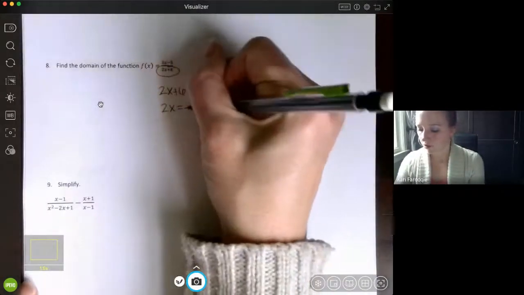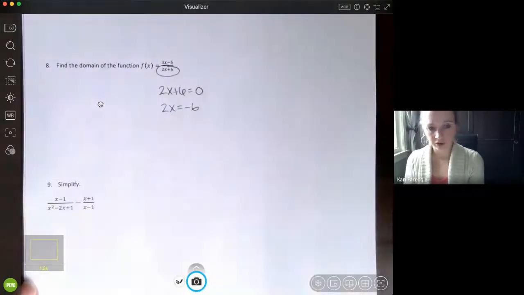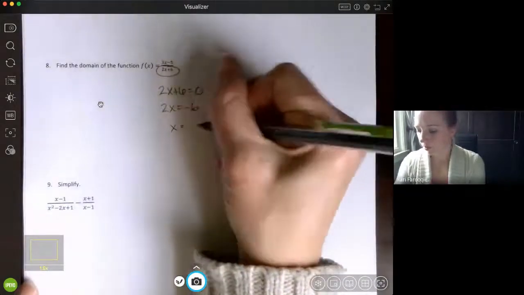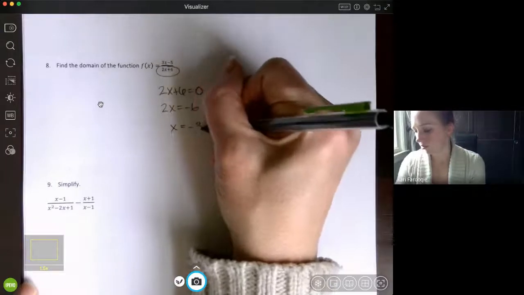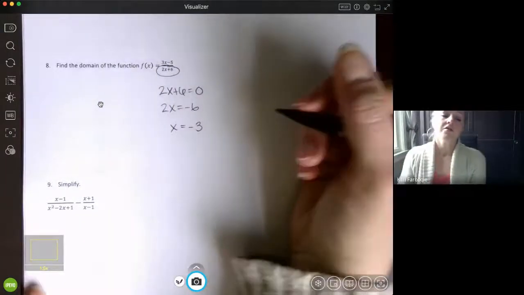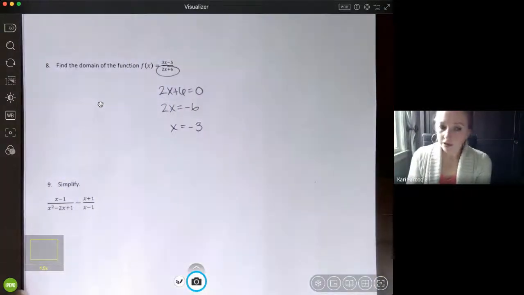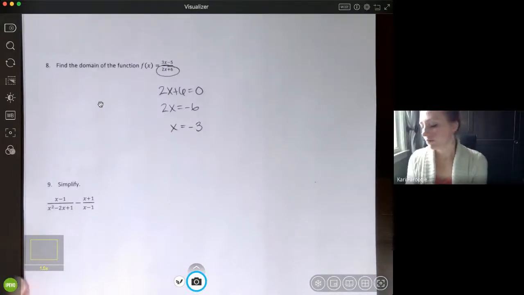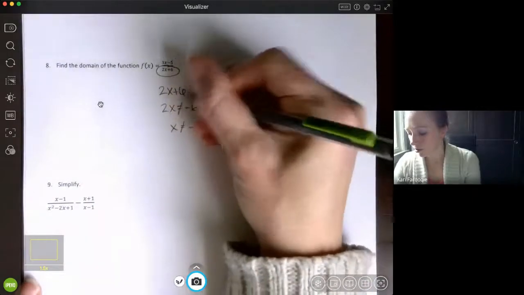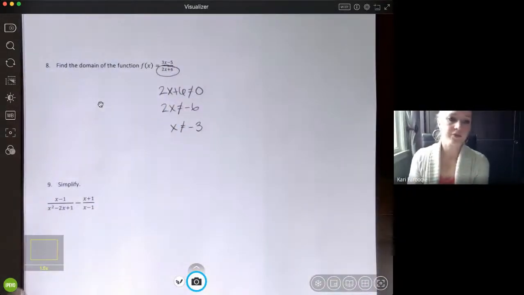Do this however you would like. If you want to factor it, you can do it that way also. And then -6 divided by 2 is -3. So we know that if x equals -3, the denominator will be 0 and the function will not be defined.